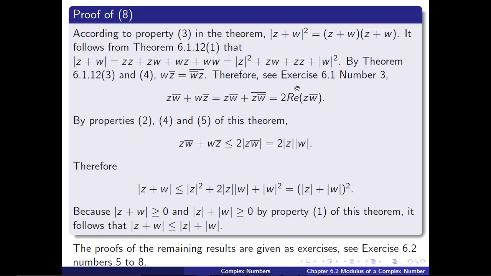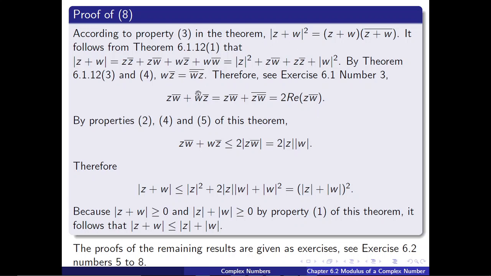And so therefore we also know, and this is given as an exercise to show, that if you take z times the conjugate of w plus the conjugate of z times w, you're going to get 2 times the real part of z times the conjugate of w.